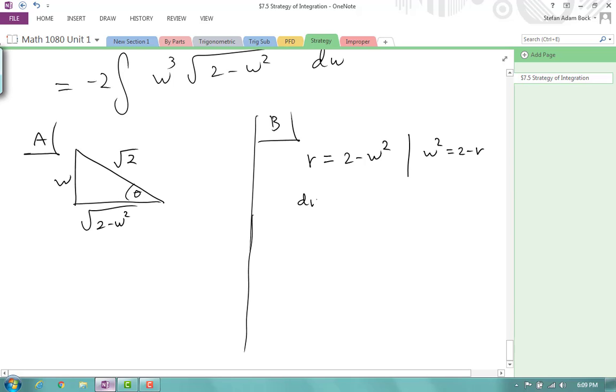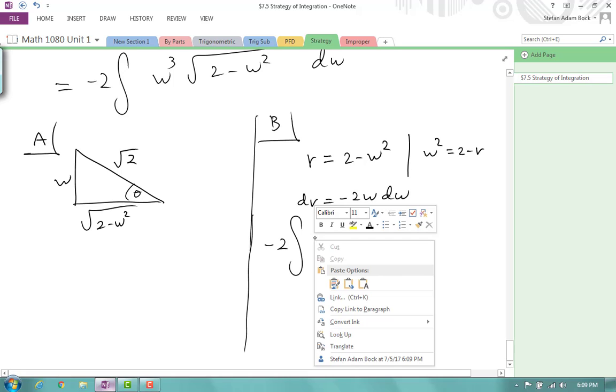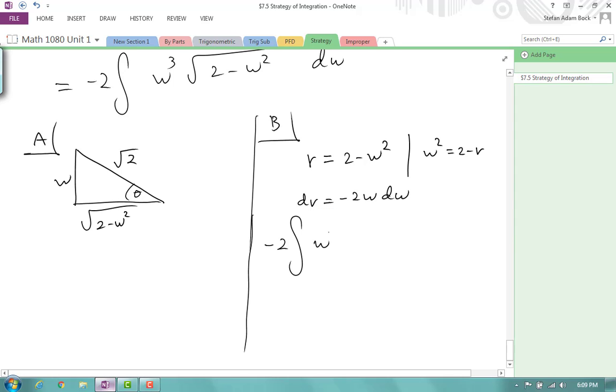My dr is going to be negative 2w dw. So my negative 2 integral w cubed is now w squared times w times the square root of 2 minus w squared dw.